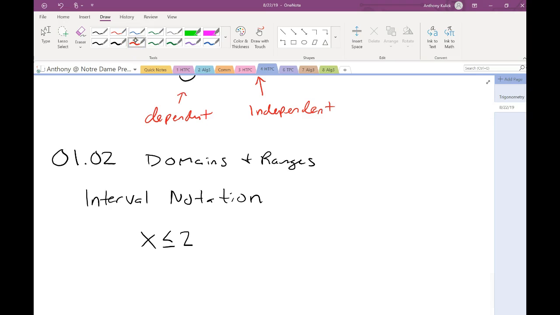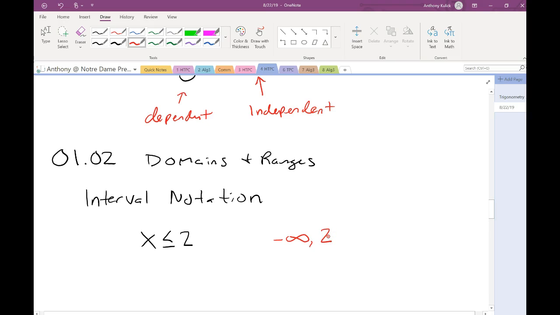To write this in interval notation, I need to include a lower bound on this set and then an upper bound on this set. If I'm talking about x less than or equal to 2, the lower bound is negative infinity, right? The upper bound on this set would be 2.